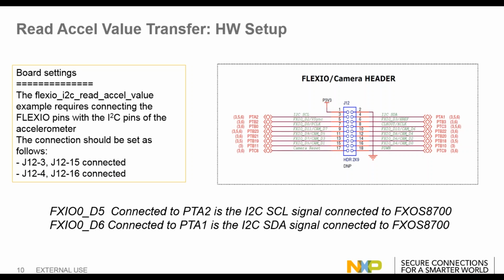If you download the SDK as directed, go to this demonstration folder that I showed in the previous slide. In the README file, you will see the directions to connect J12 pin 3 to J12 pin 15 and J12 pin 4 to J12 pin 16. This is to get the FlexIO D5 pin to PTA2, which is the I2C clock signal connected to the accelerometer, and the D6 signal to PTA1, which is the SDA signal connected to the accelerometer. So this is a hardware configuration.